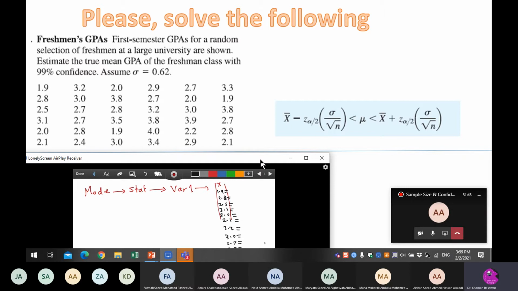Sorry, 2.8, or 3.8? Yes, you are right, 3.8.